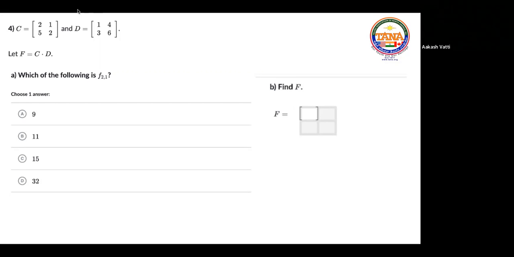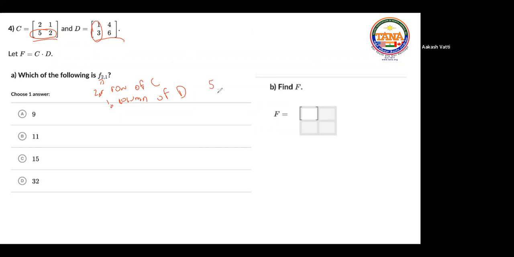Since we're trying to find that entry, we take the second row of C and the first column of D. We multiply it out using the same formula as before.